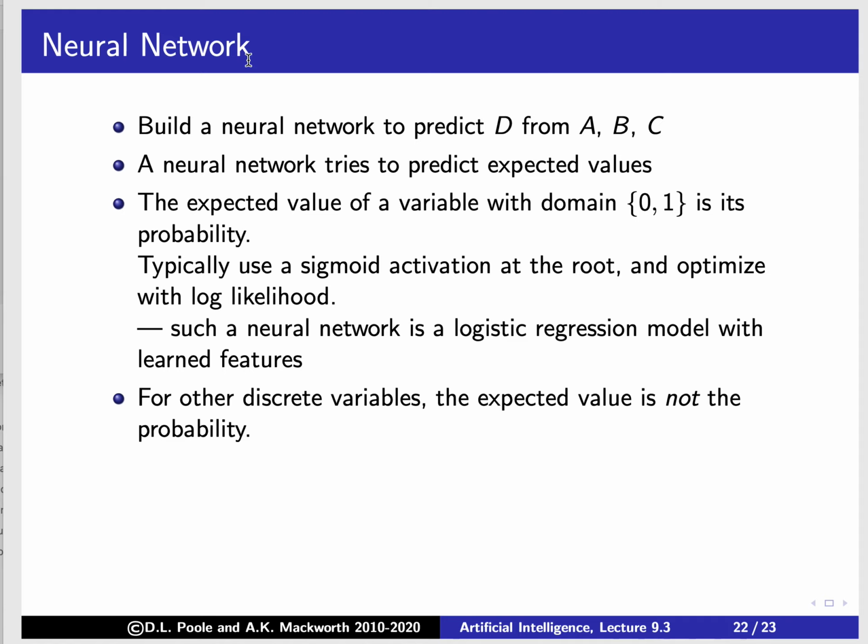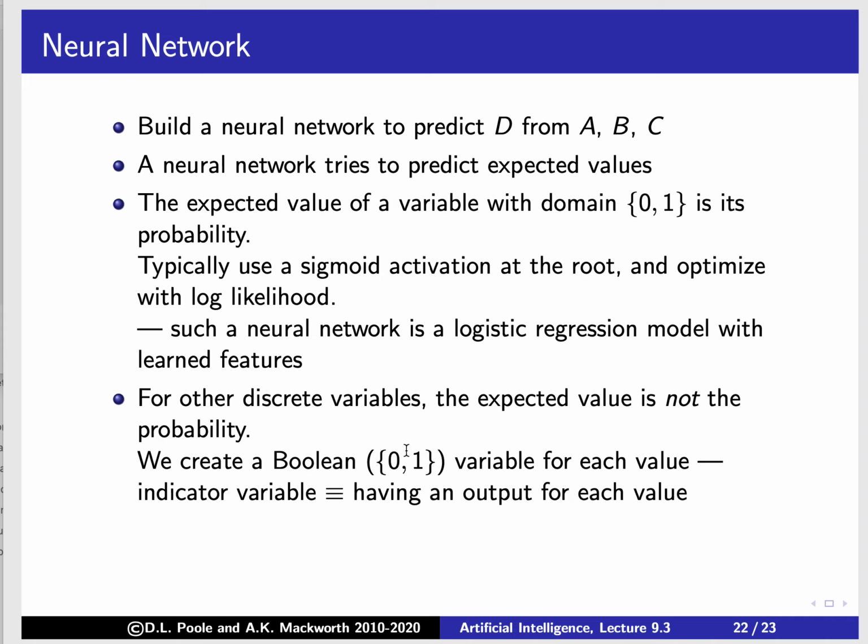For other discrete variables, or real values, the expected value is not a probability, but for discrete values, we can do something interesting. Just like we did for CSPs, we can construct a Boolean 0-1 variable for each value, called an indicator variable, which is true when the variable has that value. And that's basically having the output for each value. So normally in a neural network, we have an output for each value so we can learn a probability.